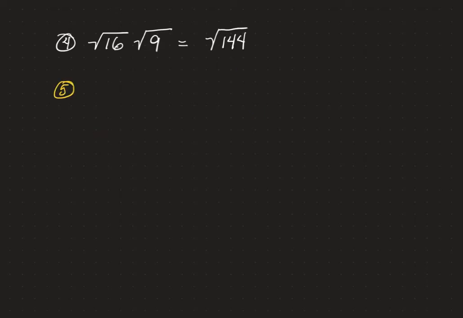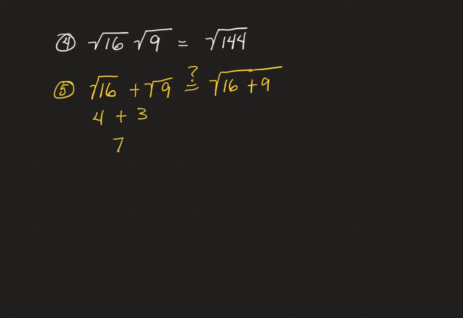But be careful. Let's look at the square root of 16 plus the square root of 9. Does that equal the square root of 16 plus 9, all of that under the radical? Well, let's see. On the left-hand side, this would give us 4 plus 3, or 7. And here under the radical, we would have the square root of 25, which is 5.